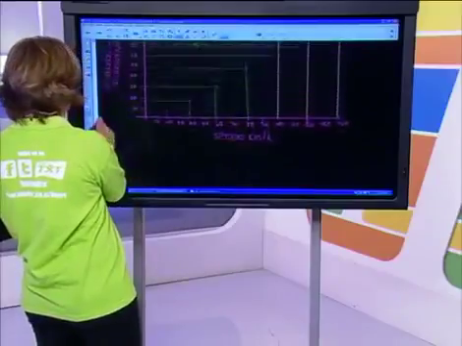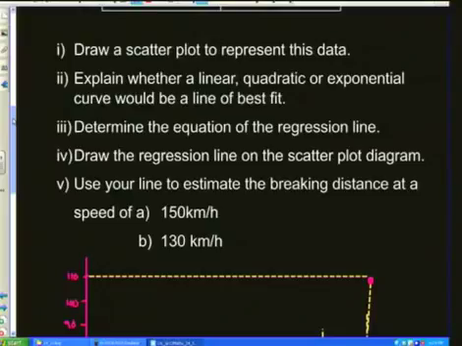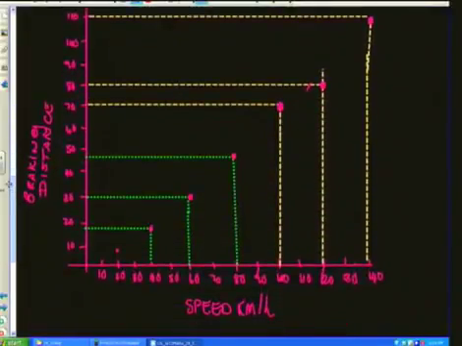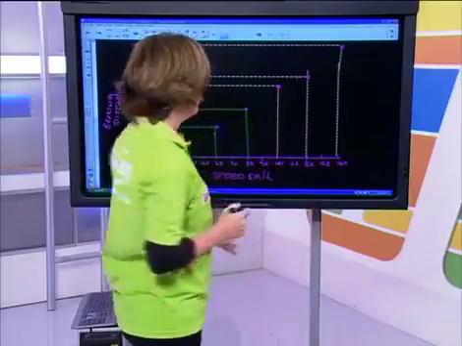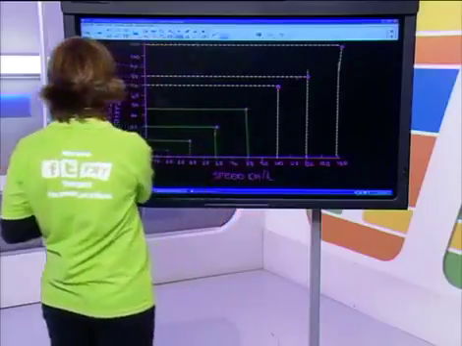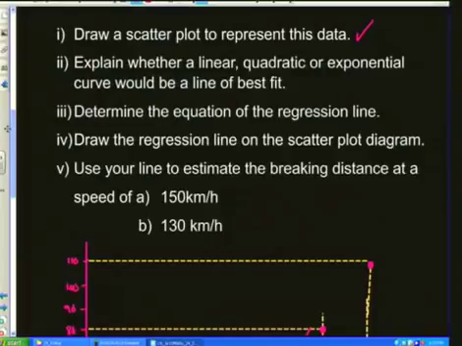Right, so draw the scatter plot. We've done that. Explain whether it's linear, quadratic, or exponential. Well, if I were to draw a line of best fit passing through as many of the points as accurately as possible, leaving as many on top as underneath the line, I think we all agree it's going to be linear. So that's question number 2.